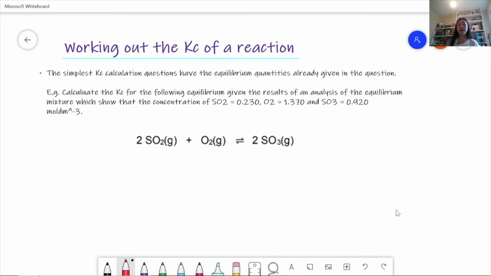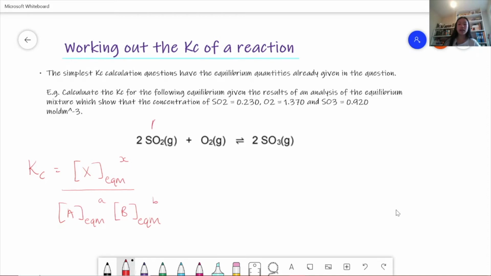So what we do is we simply just plug it into the equation. So we have Kc equals the concentration of A at equilibrium, multiplied by how many moles of it we have, and then multiplied by the concentration of B, times how many moles of it we have.